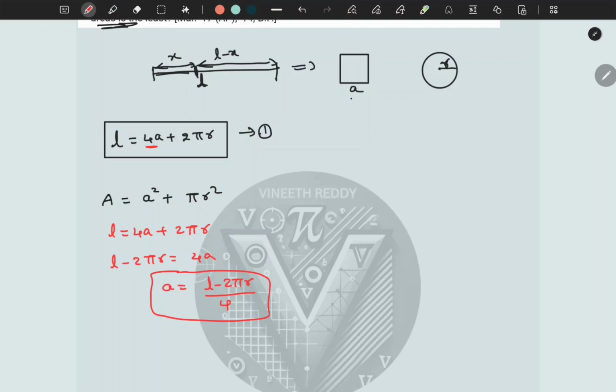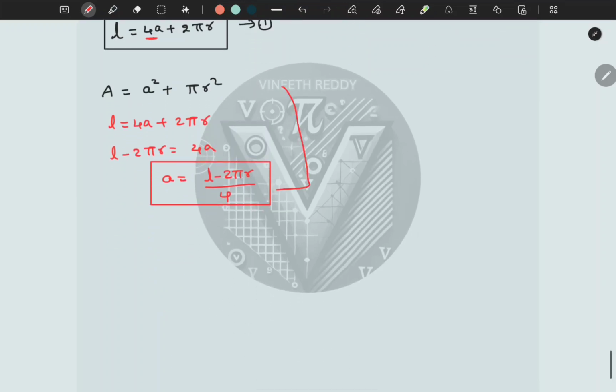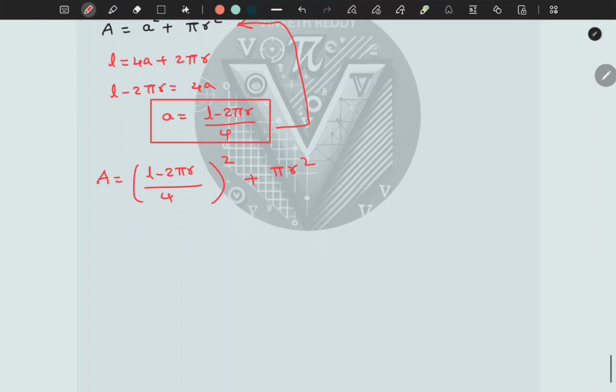Is this clear? Hope you understood this. Now we will be inputting this in this particular equation. Capital A will be, instead of a square we can write L minus 2 pi r divided by 4 whole square plus pi r square, right? So this is the expression of area in terms of r. So let us write A of r.